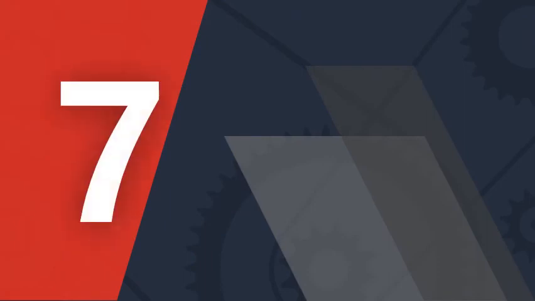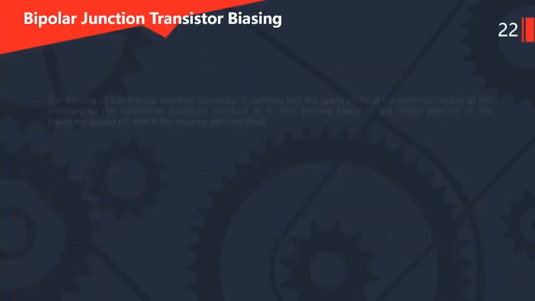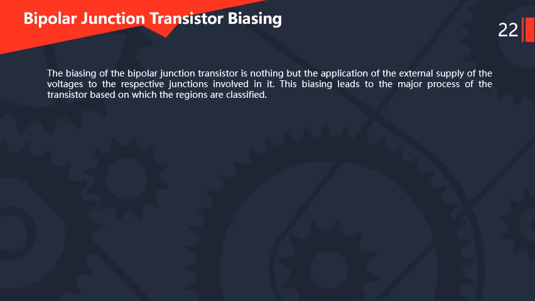The next topic is regions of operation. The biasing of a bipolar junction transistor is nothing but the application of the external supply of voltage to the respective junctions involved in it.